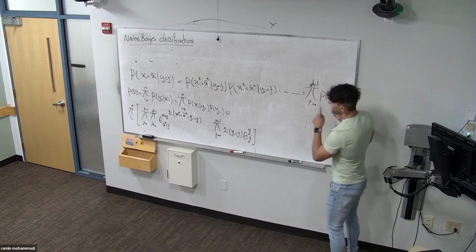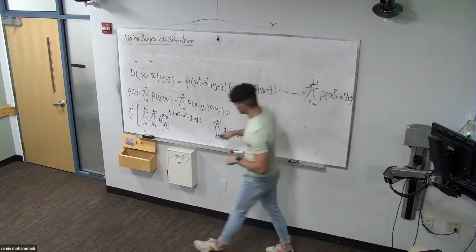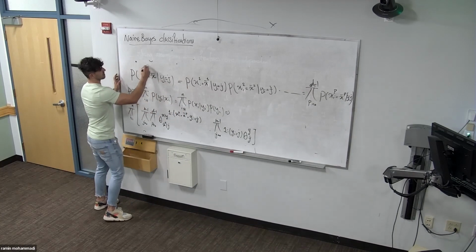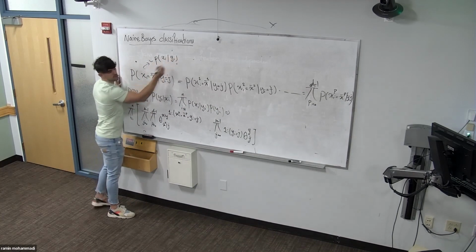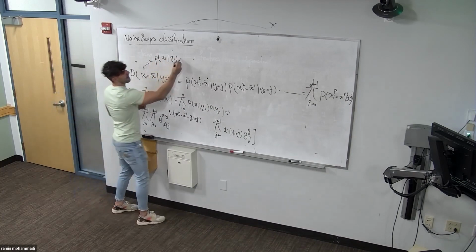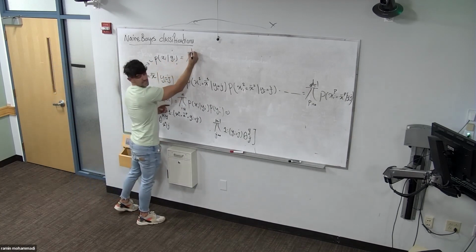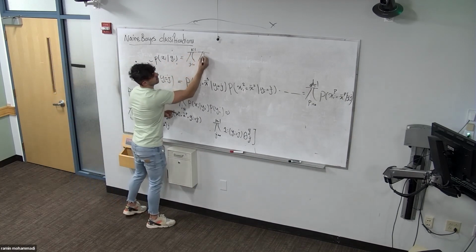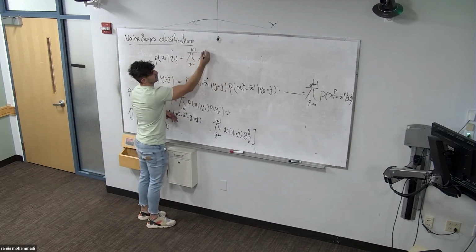But that's only for one class j. So if I remove the class j from this equation, probability of xi given yi, that means I don't have a j anymore. So I need to have two multiplications: once I loop over all possible j's, and once I loop over all possible dimensions, right?